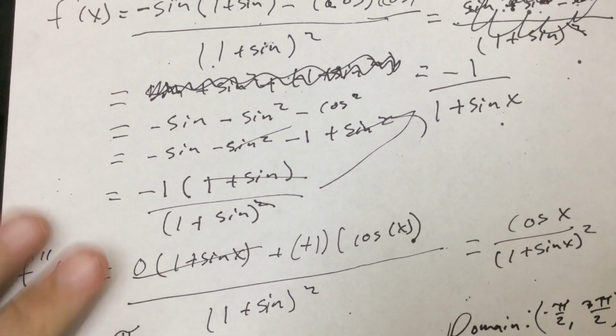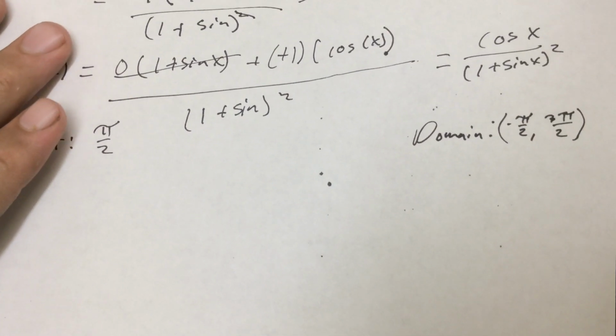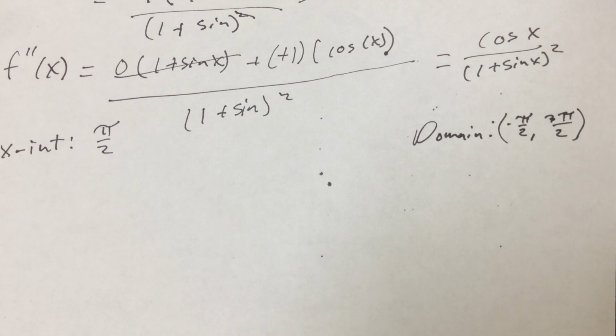The reason why is sine is going to be 0 at 0, pi, that sort of thing, but we're adding 1 to it, so we need to know where sine is going to be negative 1. Well, sine is negative 1 at 3 pi over 2.